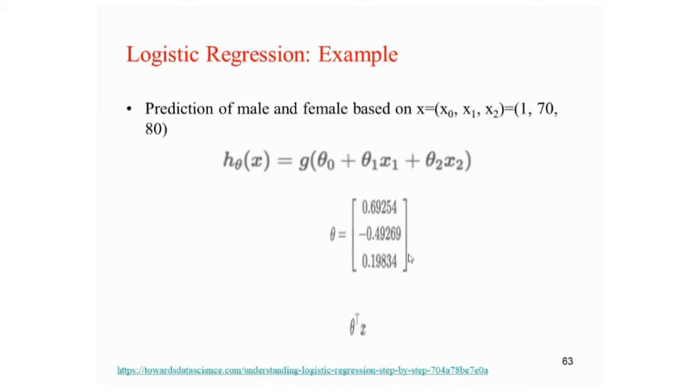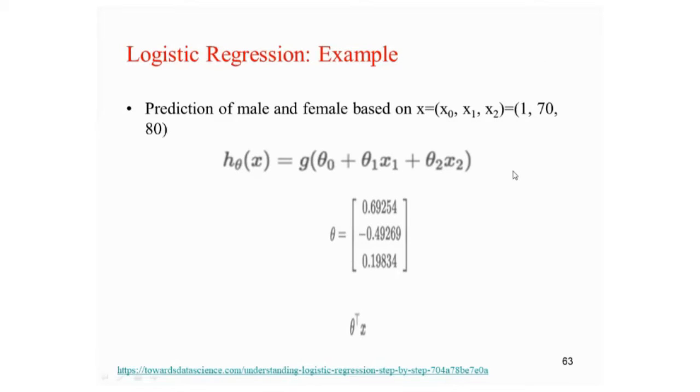There is a very simple example where we have some information about a person, which has two features, x1 and x2. Then we have to identify whether the particular person is male or female. So we have some training data.